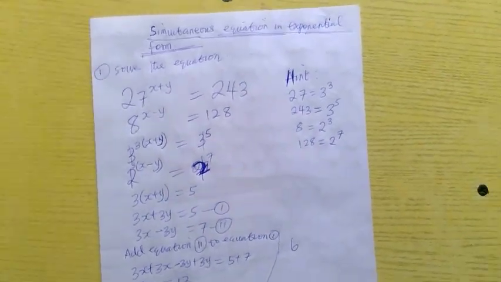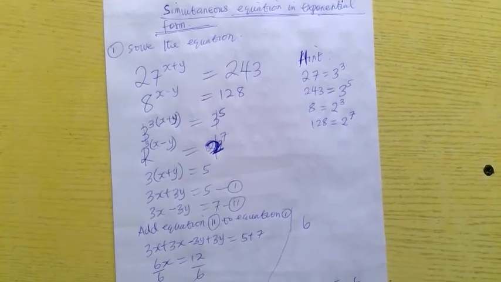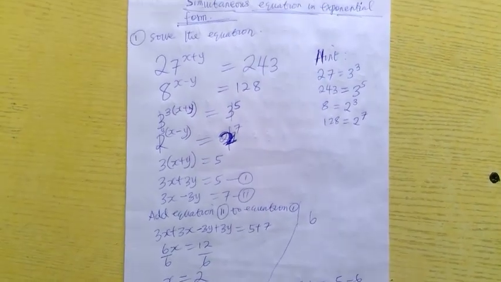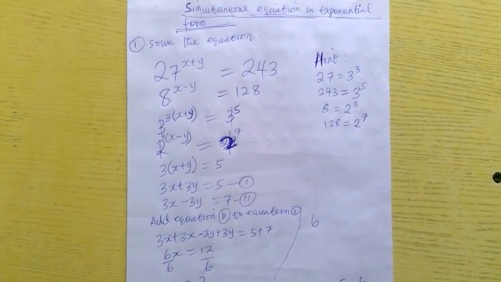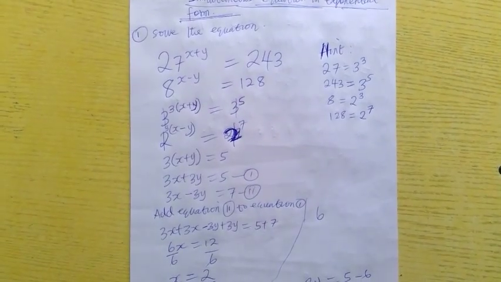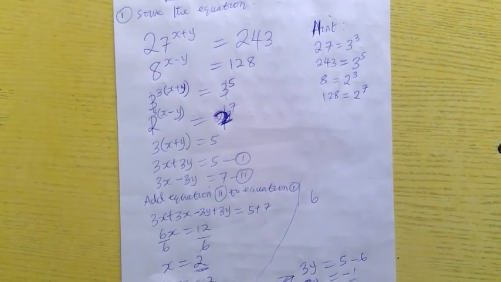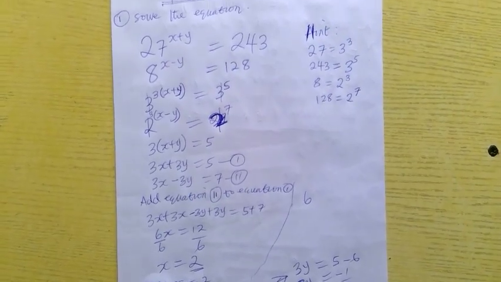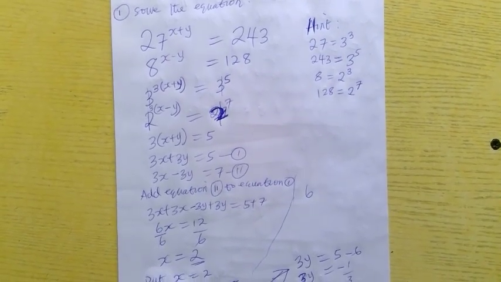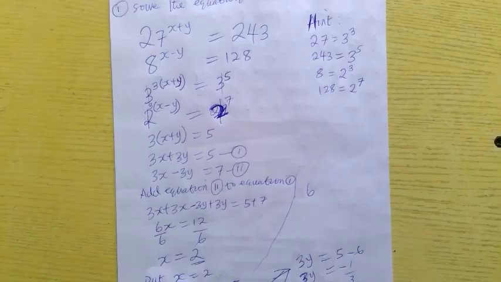Simultaneous equation in exponential form. Solve the equation you are given. 27 raised to power x plus y equals 243. Next line of the equation, 8 raised to x minus y equals 128.